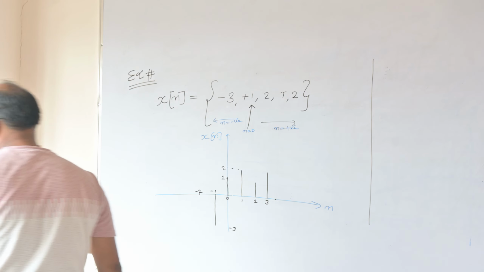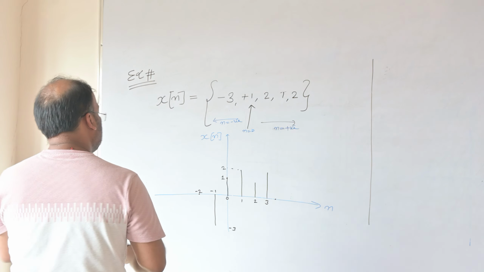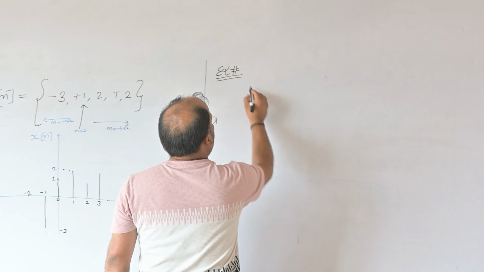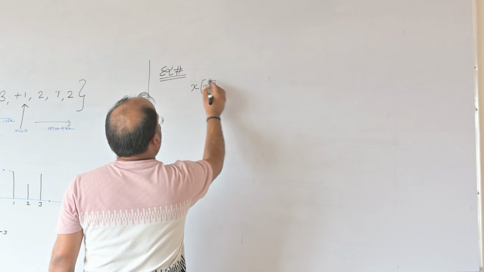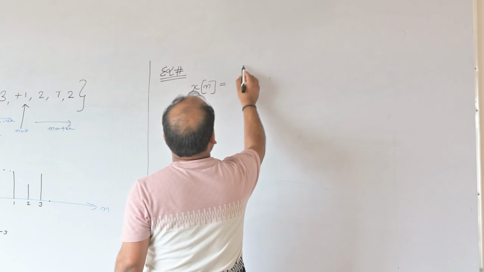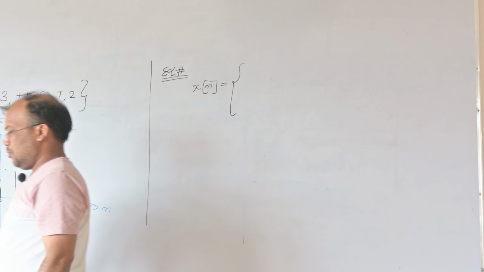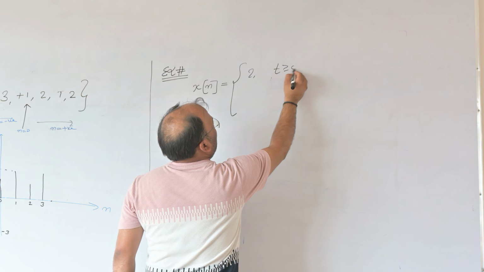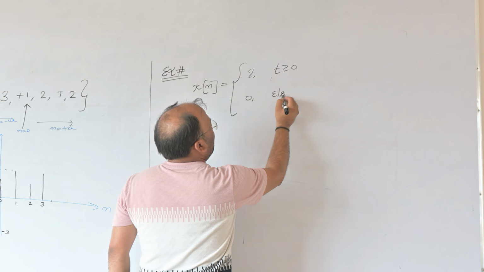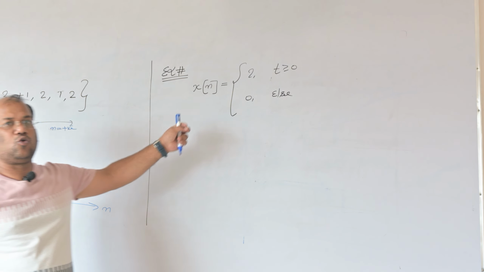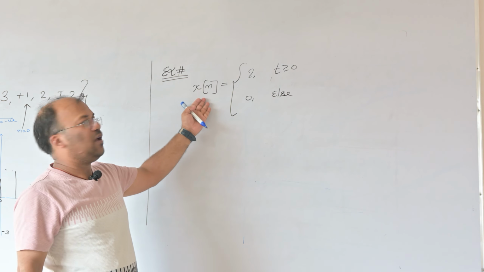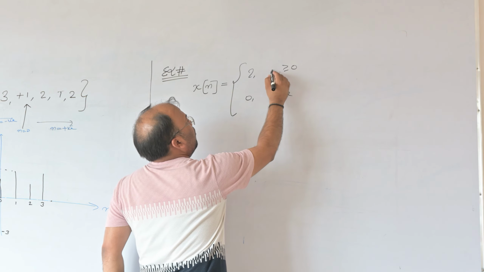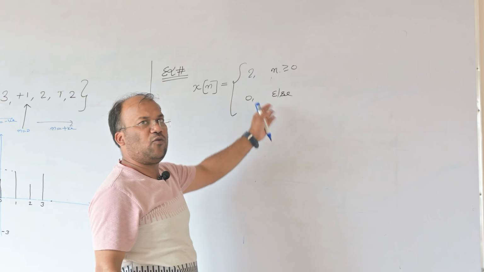We will take another example. S of n is equal to, so we will take another example to plot a discrete time signal where S of n is equal to 2 for n greater than or equal to 0, or 0 for the negative side.